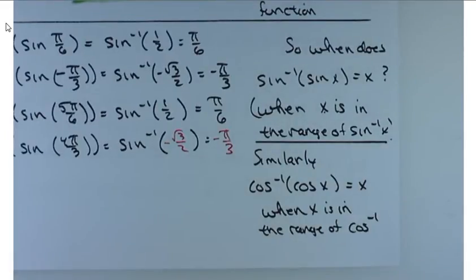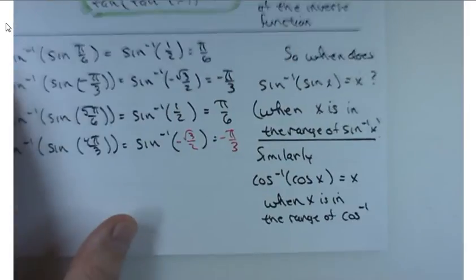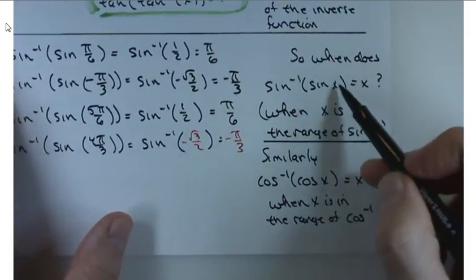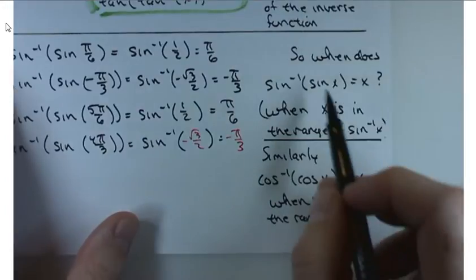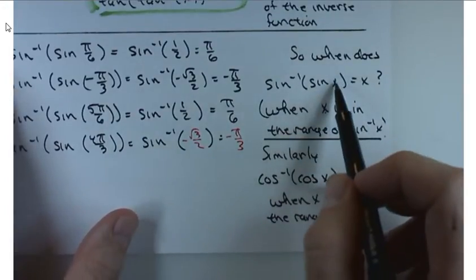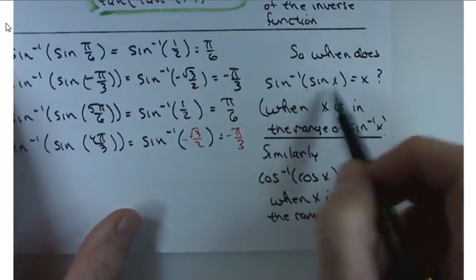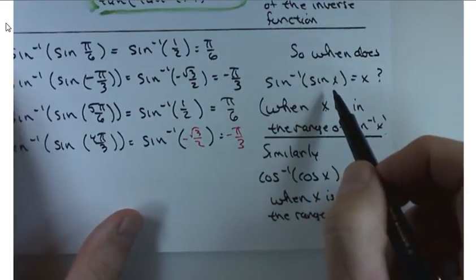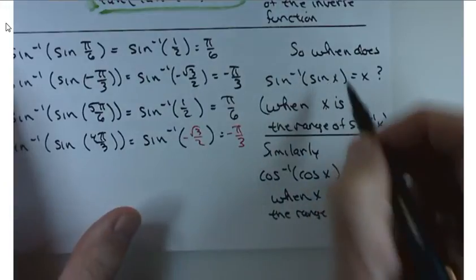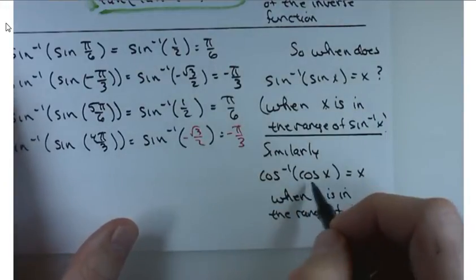Go ahead. Doesn't matter what x is relative to the domain of sine or cosine, because sine and cosine are defined for everything. So we don't have to worry about the domain of the sine function or the domain of the cosine function.